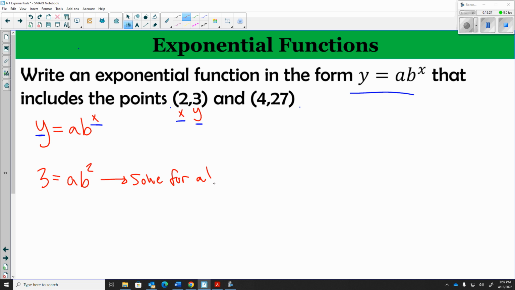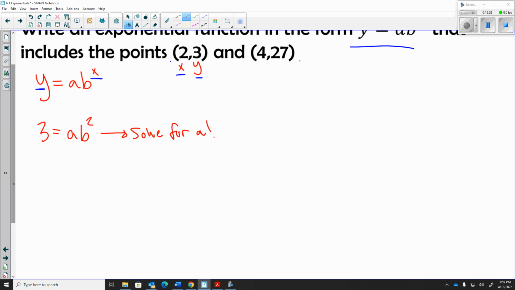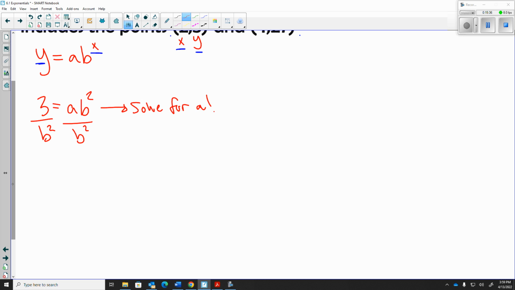All right. Well, to get a by itself, you need to divide by b squared. I know this is looking goofy, but hang in there with me. I have 3 over b squared equals a. Okay. I've taken that equation that I created, I isolated a, so now I have an expression for a.